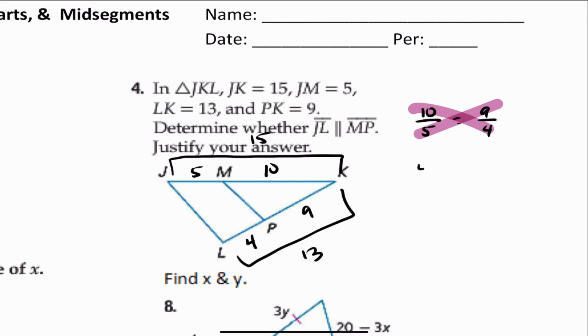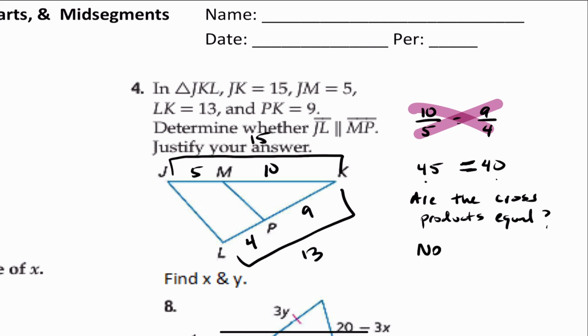So 9 times 5 is 45, and then 10 times 4 is 40. Are these proportional, or are the cross products equal? Well, if we look, 45 and 40 are not equal, so no.